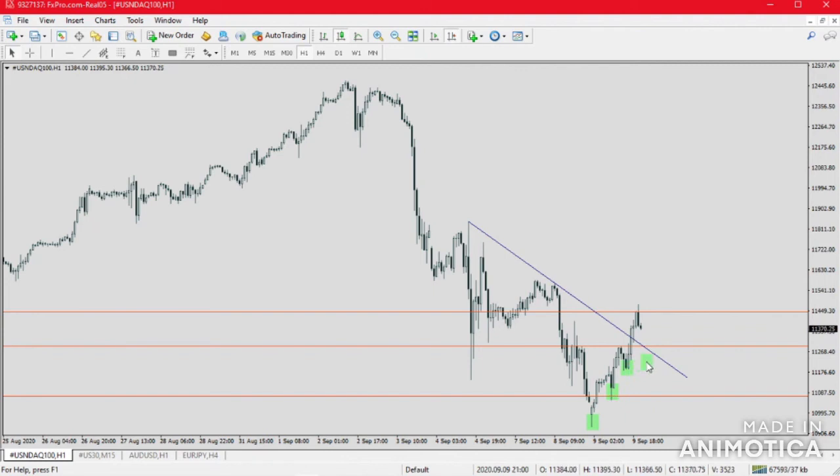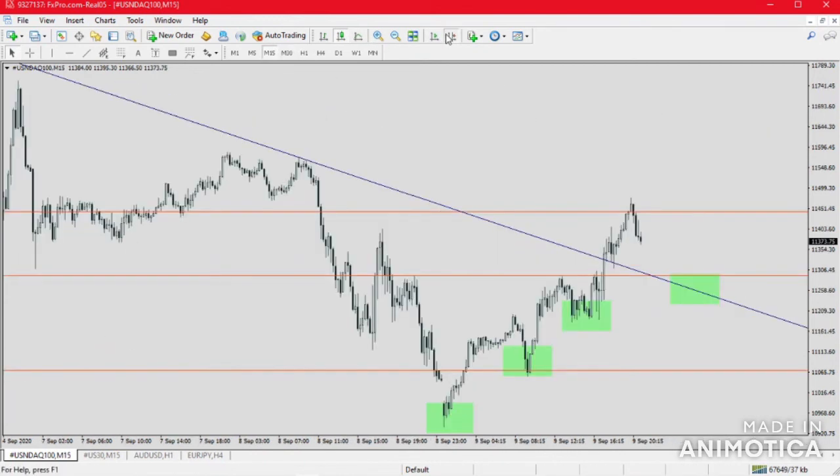So what I am expecting is a possible retest of this level and maybe off the trend line to then head towards the upside. If you go down to the 15-minute, it should be much clearer. As you can see, higher highs and higher lows, so I'm expecting a possible buy on the 15-minute around this region right here.